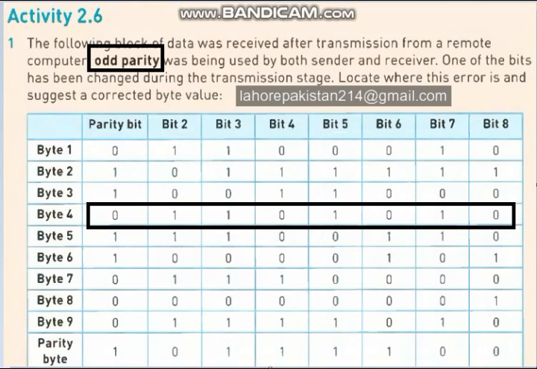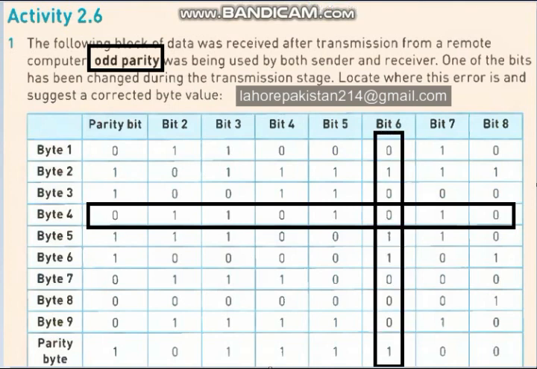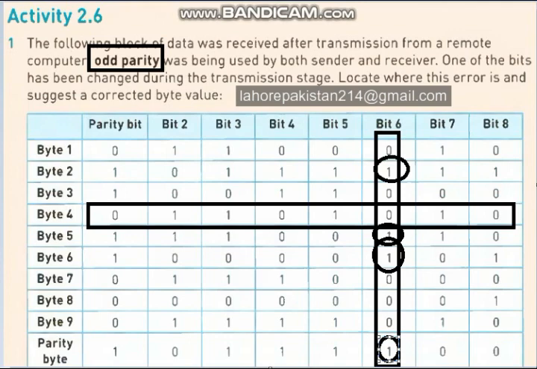Now let's check the sixth column. Let's count the number of ones in this column: 1, 2, 3, and 4. As you can see, 4 is an even number and we required an odd parity, so the mistake is in bit 6.